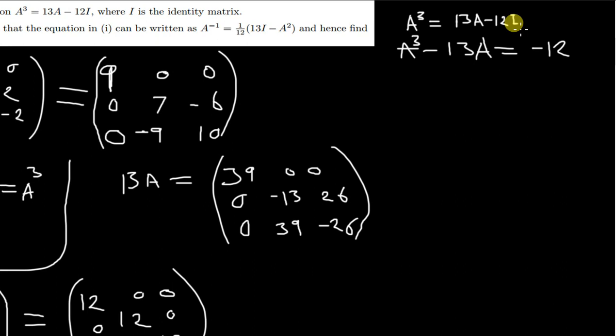The same applies when you multiply any number with its identity number, which is 1, you still get that same number. So this identity matrix is just a special one in matrices. So I can even write this negative 12i as just negative 12.